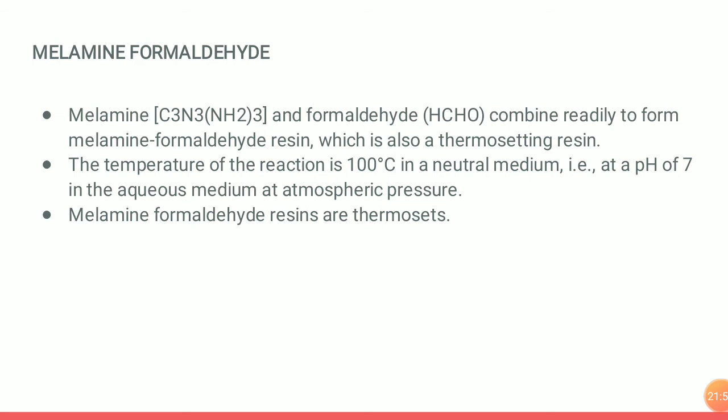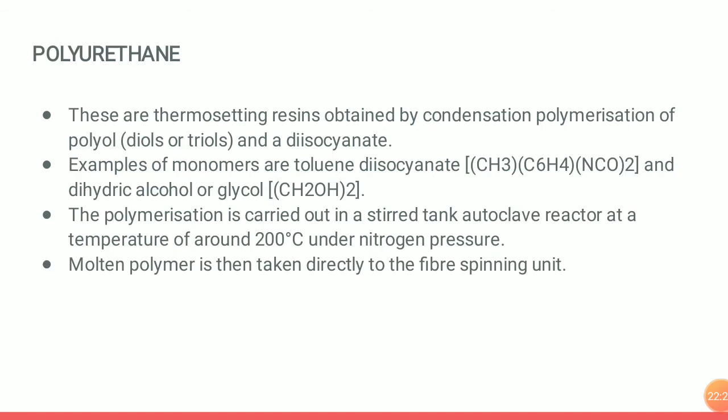The temperature is around 100 degrees Celsius in a neutral medium, at a pH of 7 and aqueous medium at atmospheric pressure. Again, melamine formaldehyde resins are thermosets. They are generally used in various industries. We can make films out of that. Various applications are there for melamine urea formaldehyde resins.